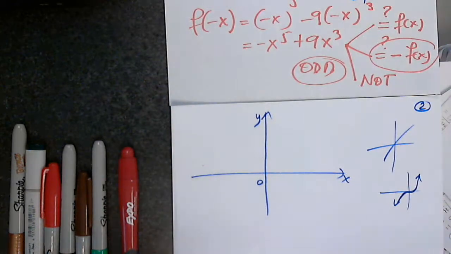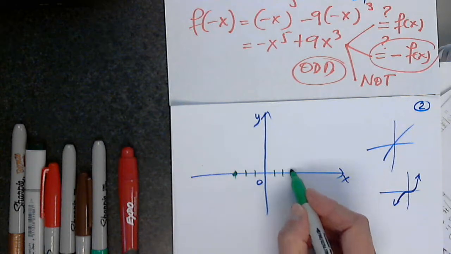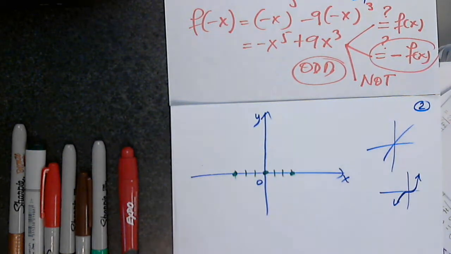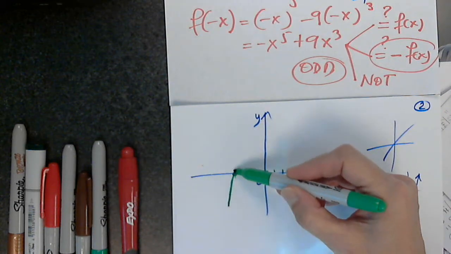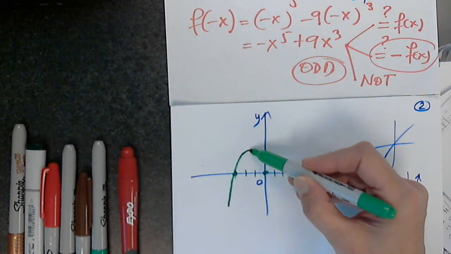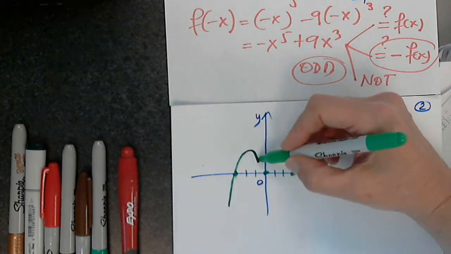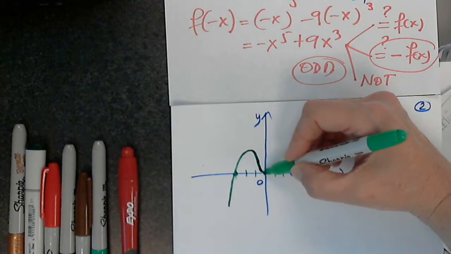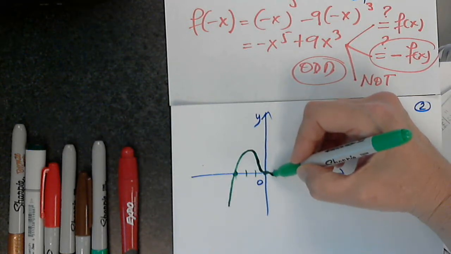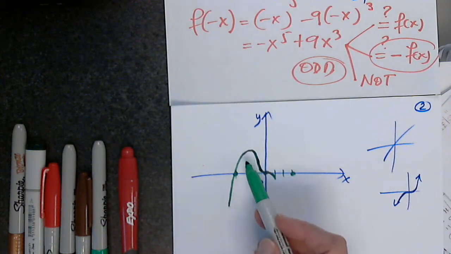Okay? So here's the graph. I only have 3 points. I have this point, I have this point, and I have this point. So it's coming from -infinity. It has to go to a maximum, local maximum, has to turn. It has to come back and slowly cross here. And it has to come down to exactly the same height.